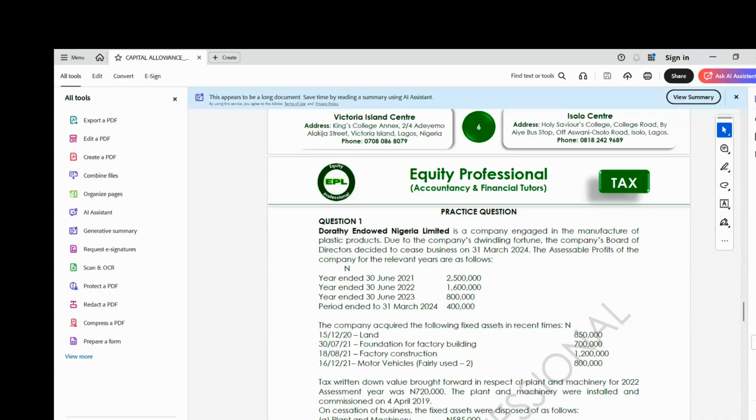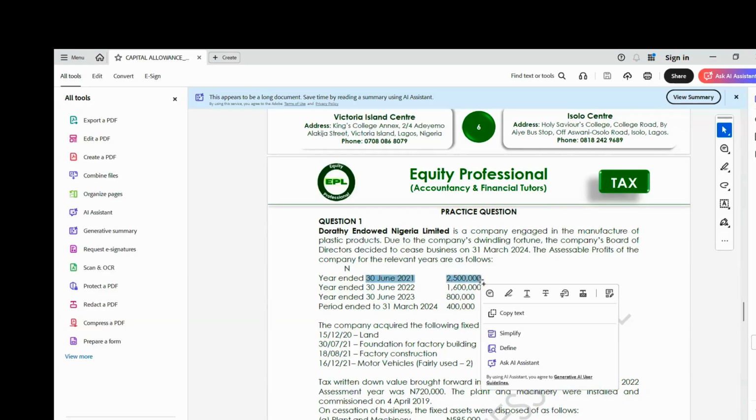If I have an accounting date ending on 30 June 2021, who can tell me what is going to be the year of assessment for an accounting date ending on 30 June 2021?